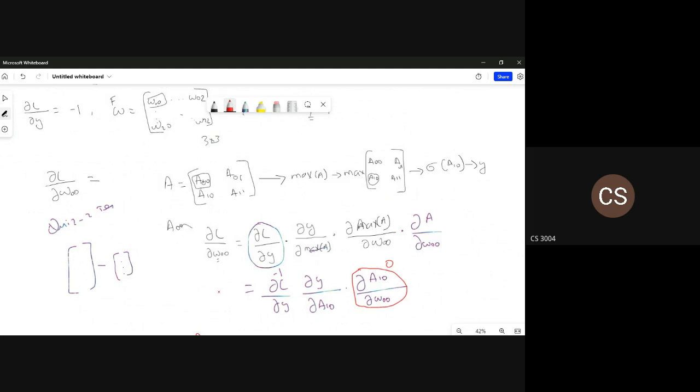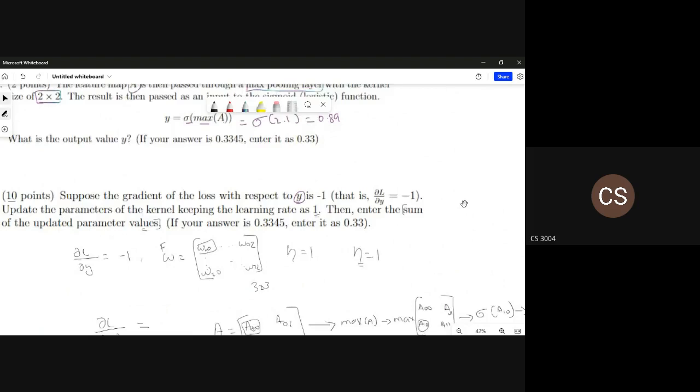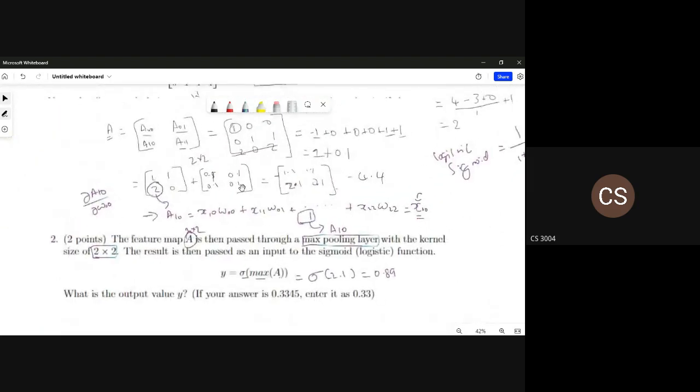But what about the gradient of the bias? We need to compute the gradient for the bias as well. With a similar expression, W00, W01, and so on, and then we are adding the bias as well, plus B1.